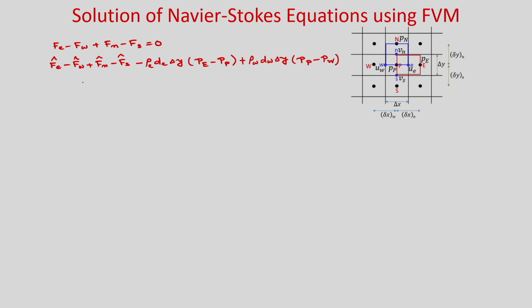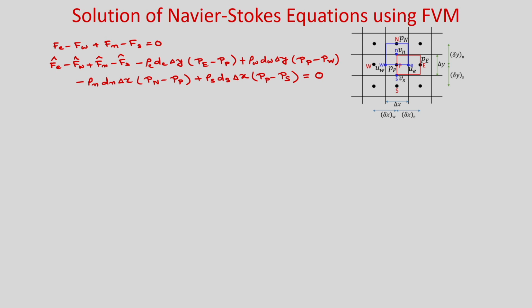Then for Fn you will get minus rho n dn delta x (Pn minus Pp) and plus rho s ds delta x (Pp minus Ps). Okay, is equal to 0. So, now you see we are deriving the pressure equation from the known velocity field.